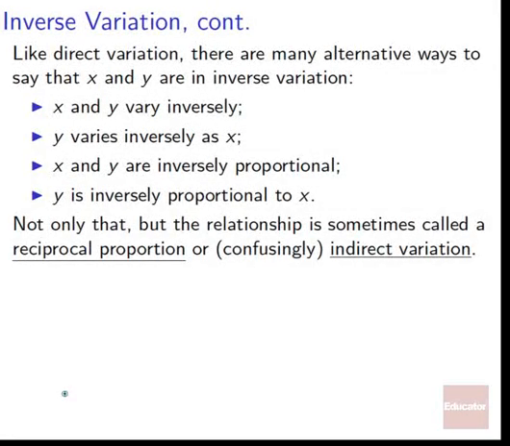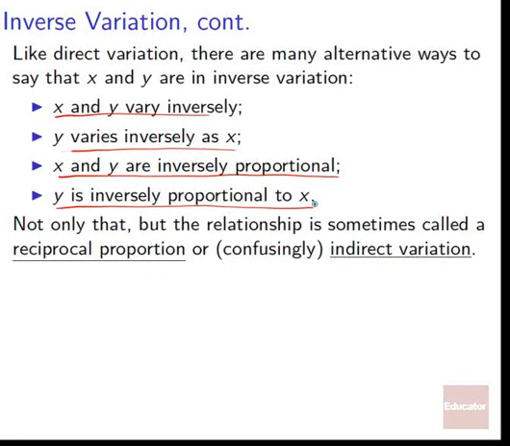Inverse variation has lots of different ways to call it out, just like direct variation has many names. We can say x and y vary inversely, y varies inversely as x, x and y are inversely proportional, y is inversely proportional to x, or x and y are in inverse variation. And we also will sometimes call the relationship reciprocal proportion, remember, because we're talking about flips, the 3 to 1/3 kind of reciprocal.